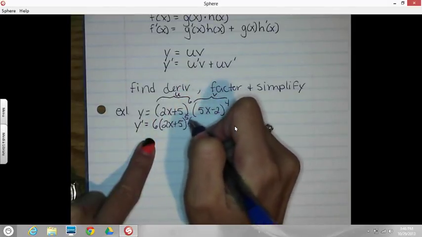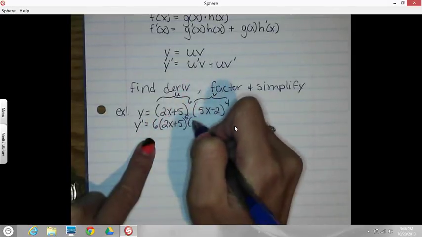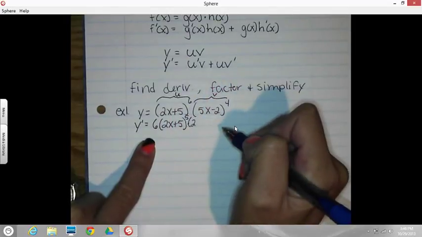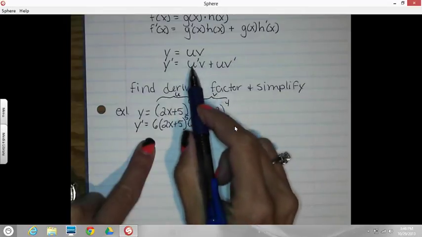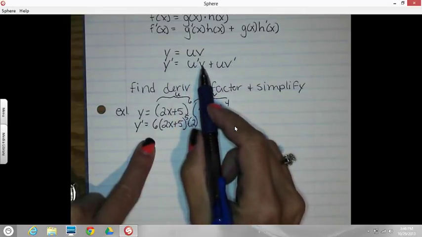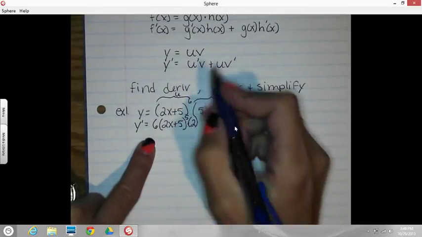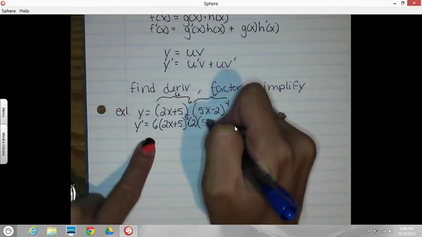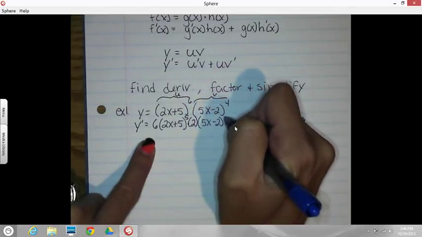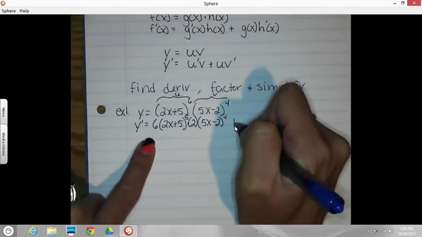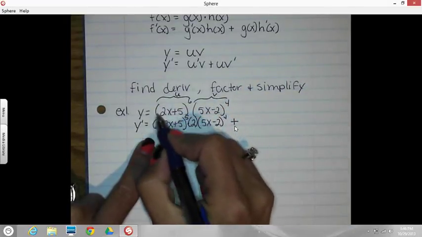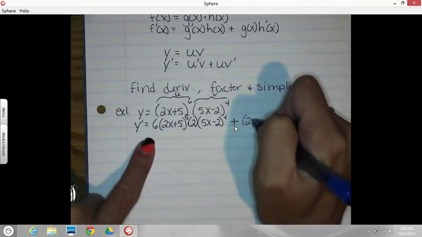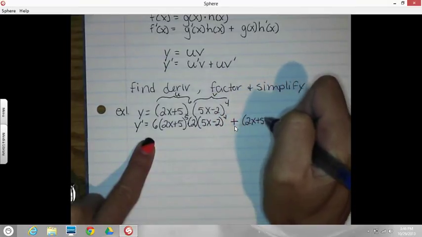The derivative of 2x is 2. Derivative of 5 is 0, so I need the 2. So that's my u prime. I have to multiply that by the v. I'm going to keep this exactly as it is, the quantity 5x minus 2 to the 4th. Plus, now I keep the u like it was originally, the quantity 2x plus 5 to the 6th.